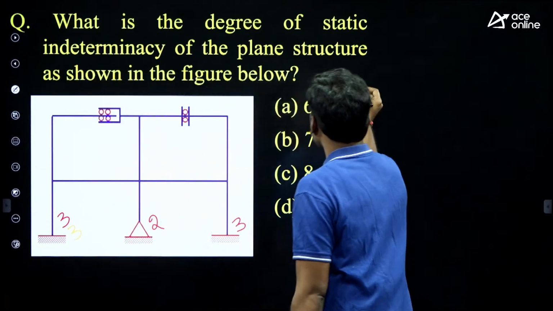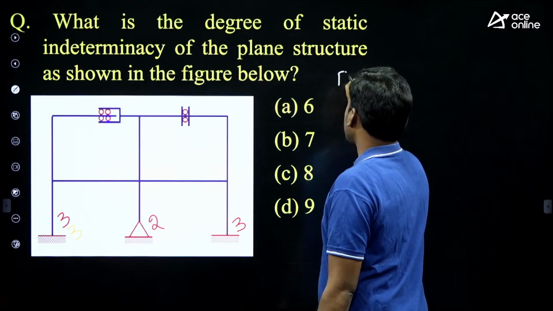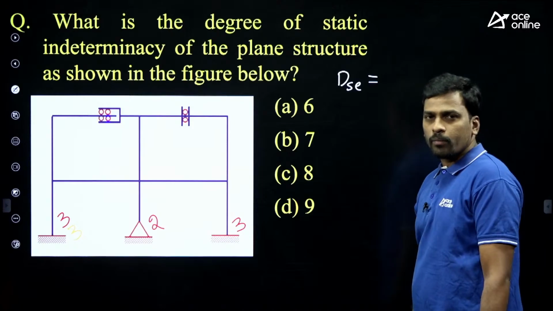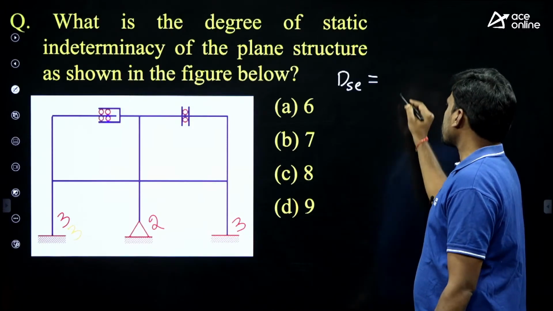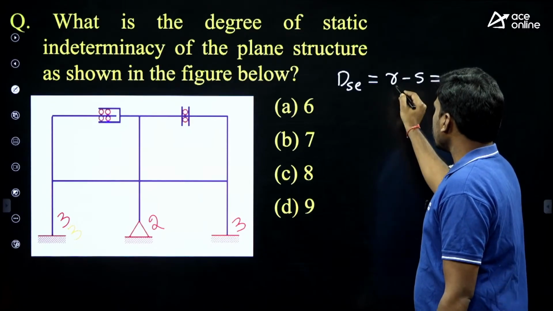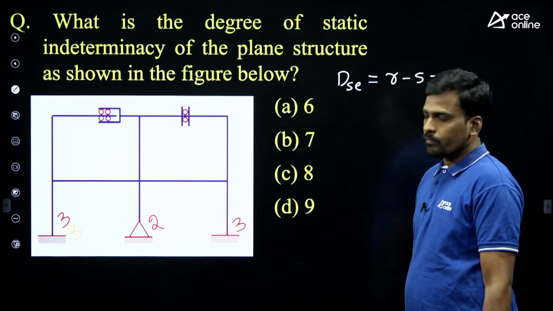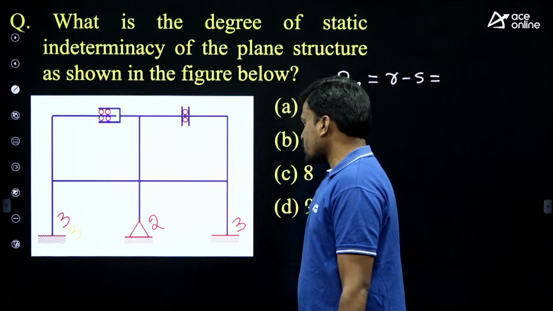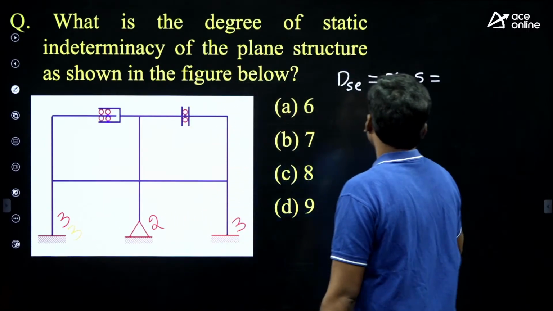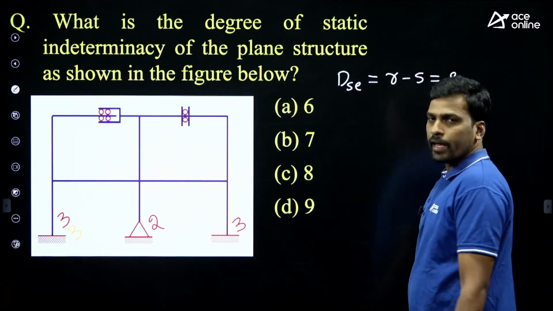So what is the formula to find the static indeterminacy? First we'll find the external indeterminacy. What is the formula to find the external indeterminacy? R minus S. Here R is the number of reactions, right? So how many reactions here in total? 3, 6, 8. So the number of reactions is 8.